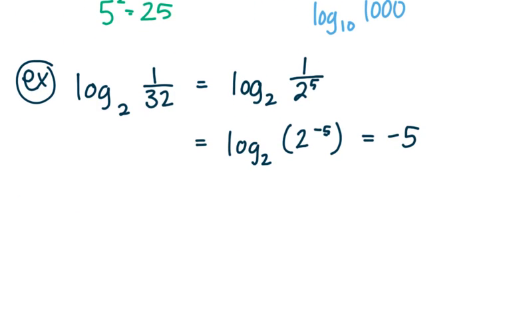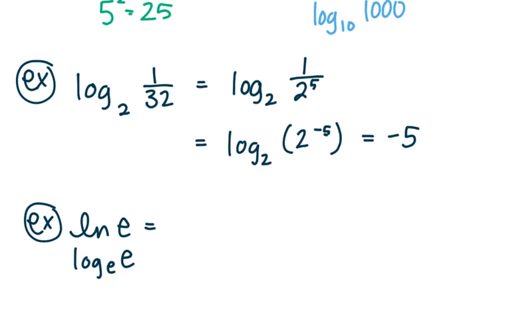Please remember, if the base is the same as the argument, as in ln e, that is log base e, when the base and the argument are the same, it's equal to 1. Common log of 10. That's a common log, base 10. There's an understood invisible 10 here.